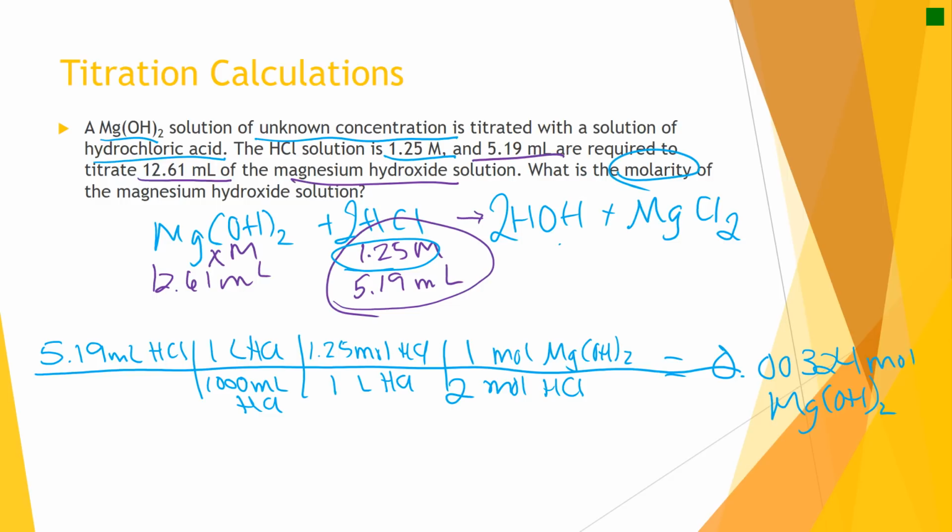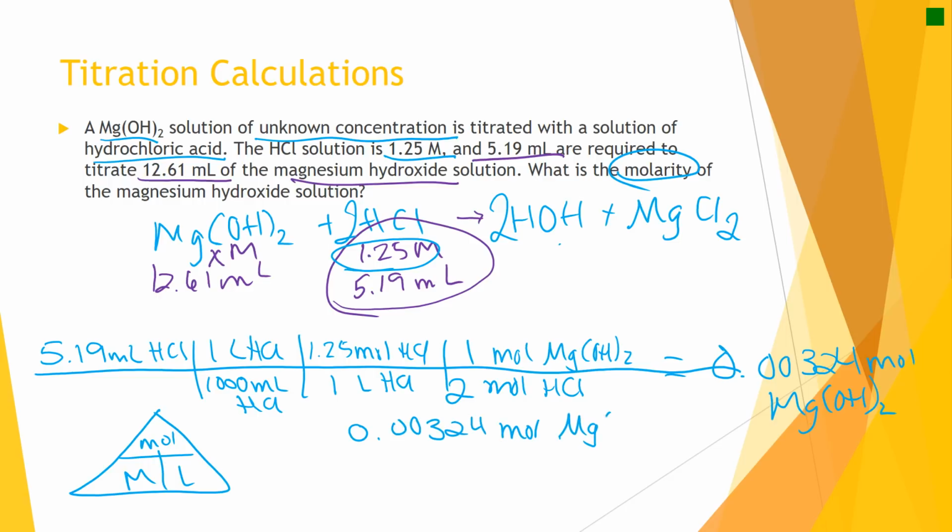But it asks for the molarity. So now I need to find my liters and divide, because if you remember back to the triangle, we've got moles equals molarity times liters. I know my moles and I know my liters, to solve for my molarity. So I've got my moles, which is 0.00324 moles of Mg(OH)2, and I'm going to divide it by my liters, which moving over that decimal is 0.01261 liters of Mg(OH)2.